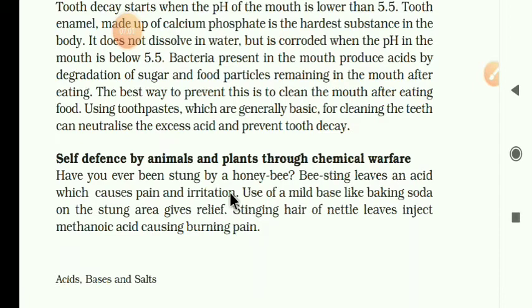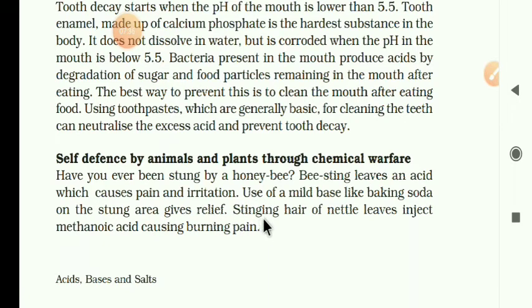When we are stung by the honey bee, the sting releases acid. That is formic acid. So this gives us pain and irritation. For such times you have to use a mild base like baking soda. You have to apply the baking soda on the stung area, and that gives us relief.